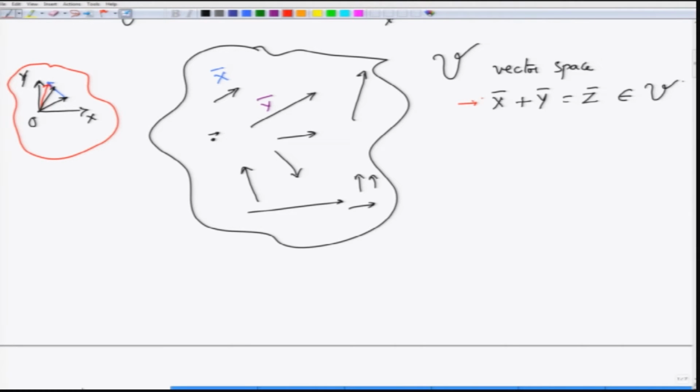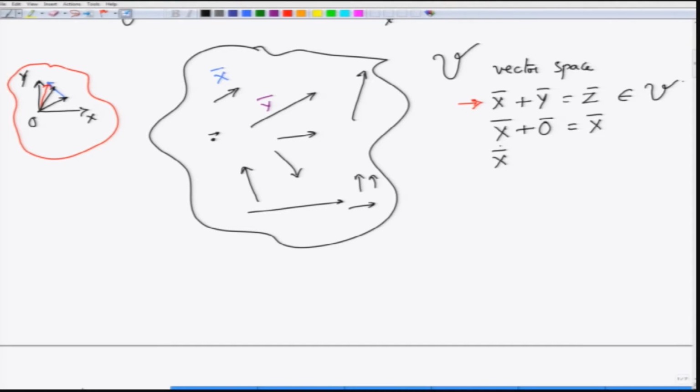I have x vector plus y vector which results in z vector, x lies in vector space V, y lies in vector space V, z also lies in the vector space V. Some additional properties that we have to satisfy is that the bag must contain a 0 vector or a null vector, such that if you take any vector x and add that null vector to it, you get back the same vector x. Clearly x belongs to V, 0 belongs to V, x plus 0 which is x also belongs to V.